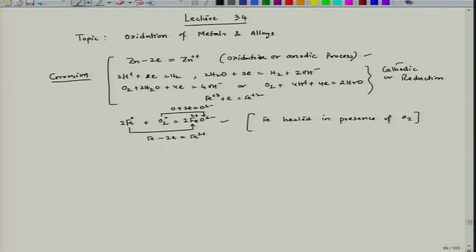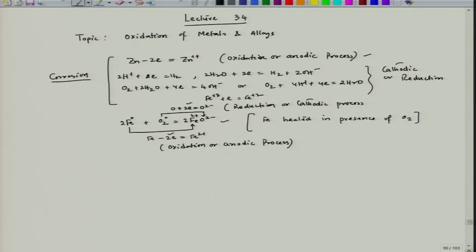There also I could see this is an oxidation or anodic process, and this is a reduction or cathodic process, and these counterbalancing oxidation and reduction processes are required to neutralize these charges.